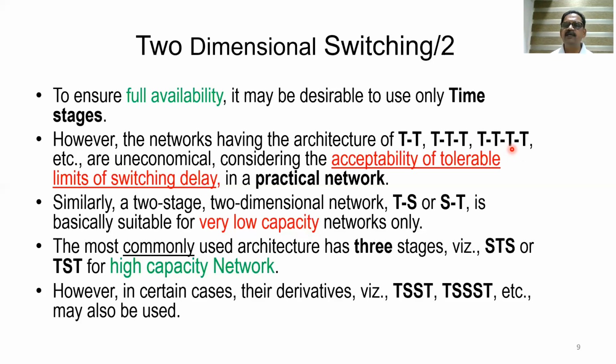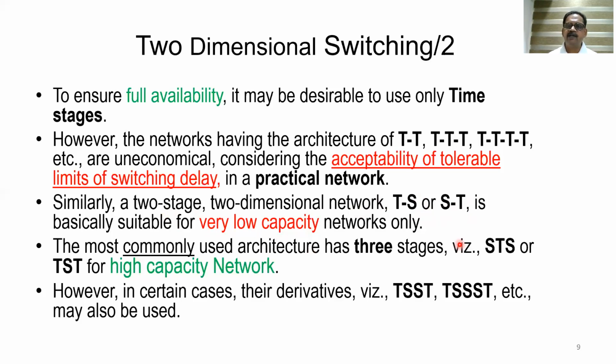So perhaps it may be something nearer to the human perception. So we avoid such modularity in practical networks. Similarly, a two-stage, two-dimensional network, TS or ST. Two-dimensional, two-stage means it can be TS or it can be ST. Input to time, output to space, or input to space, output time, is basically suitable for very low capacity networks.